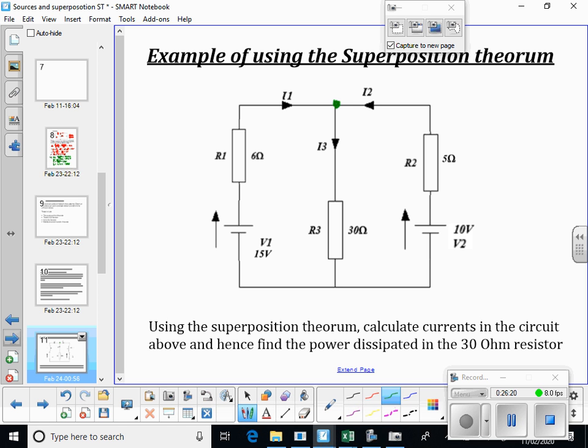That circuit is the complete circuit. It doesn't really represent any circuit that I know of, but it's the simplest circuit I have to demonstrate the superposition theorem.